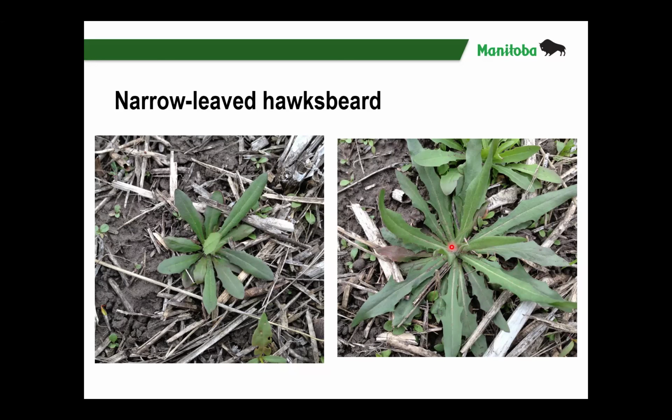The new leaves will always stand almost perfectly upright, and then as it bolts and puts more leaves on, the upper leaves are grass-like. They're not divided at all, and the upper leaves look very, very different. But this is a tougher one to get because a lot of it is coming as a winter annual, and again, these winter annuals can get really big really fast, and you've got to get on these things pretty quick.